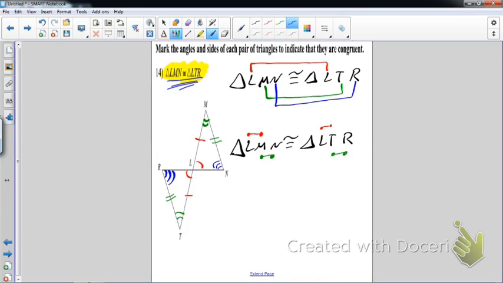And then the last piece is going to be line segment LN, that is congruent to LR. And those two will be congruent. So LN and LR need three little markings to say that they're congruent to one another.